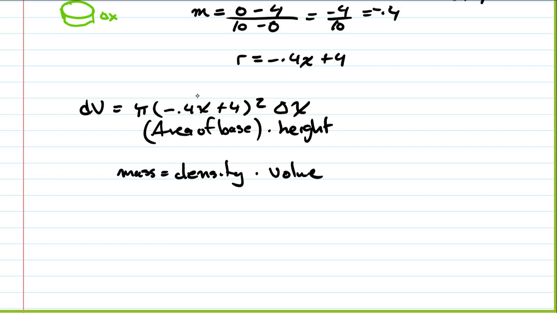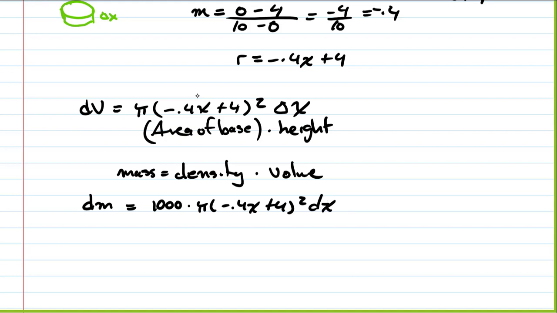So we have a volume, so our change in mass, dm, is going to be our density of water, which is 1,000, times our volume, which is what we have right here. So 1,000 times pi times negative 0.4x plus 4, squared. And I'm going to replace my delta x with a dx because we're going to be doing an integral in a bit.